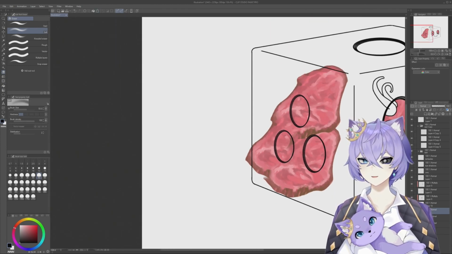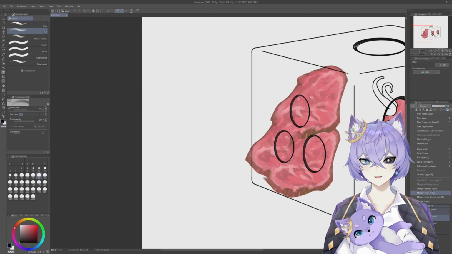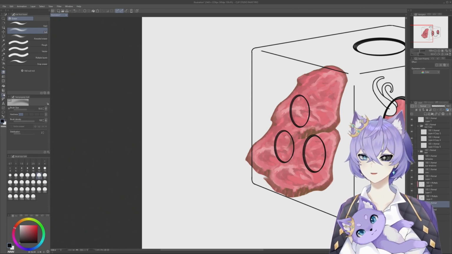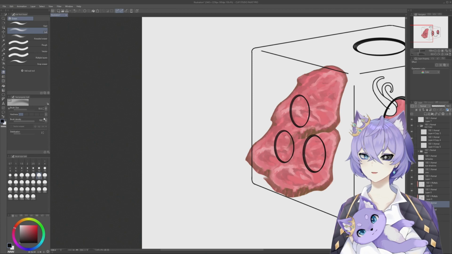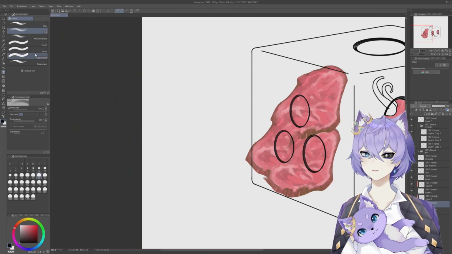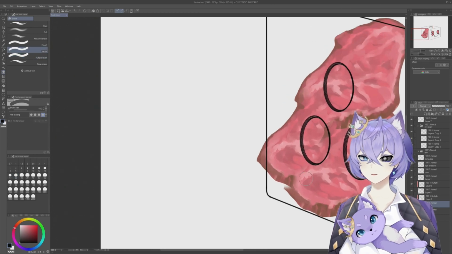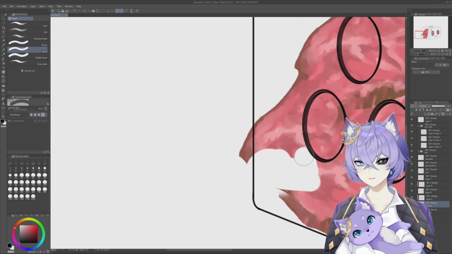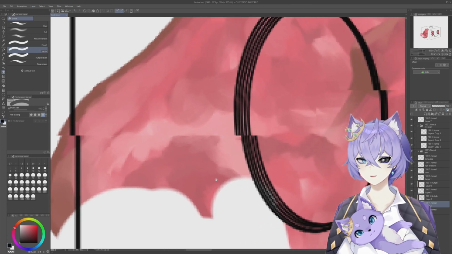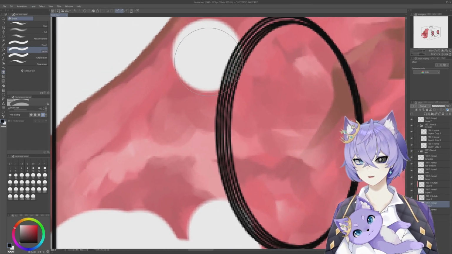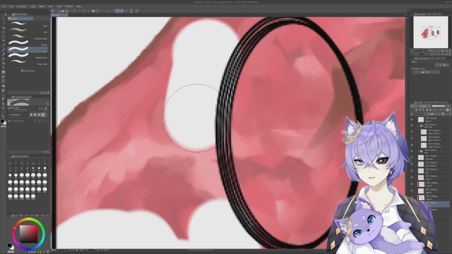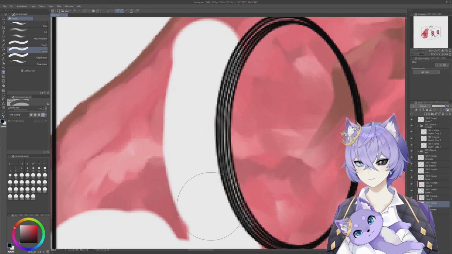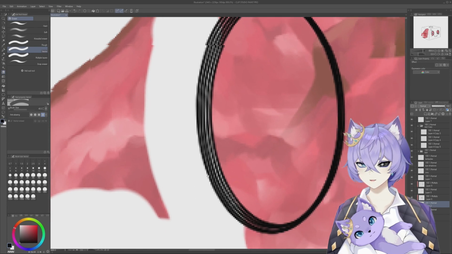Okay. So now I merge all these layers together. We take our eraser, go vector. I think vector was the one I was using before. And now we just need to clean this up. Just need to clean up the holes and make sure the edges are nice and neat for our meat to poke through.